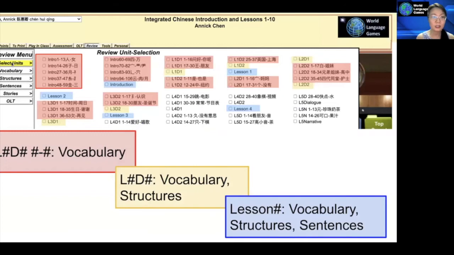Okay, so here you select your unit. And then, for example, lesson 1, if you want to take a lesson 1 vocabulary test, you select lesson 1, then you select OLT. Then you'll be able to find the review OLT 1 to take the test.